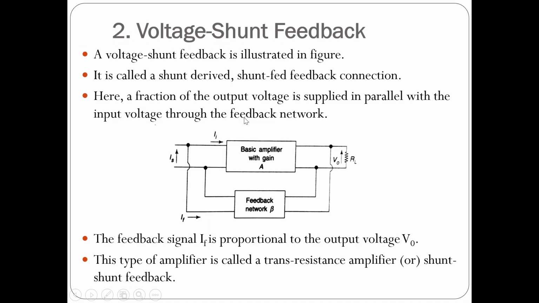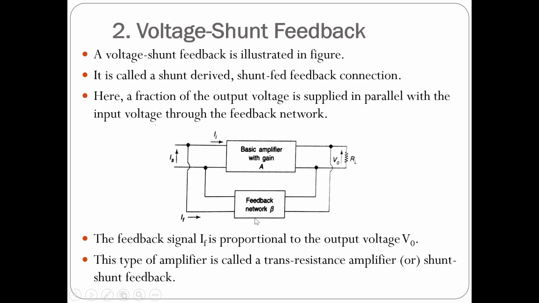Next, voltage shunt feedback. Here is the shunt-derived, shunt-fed feedback connection. A fraction of the output voltage is supplied in parallel with the input through the feedback network. The basic amplifier with gain A is connected to the feedback network beta.